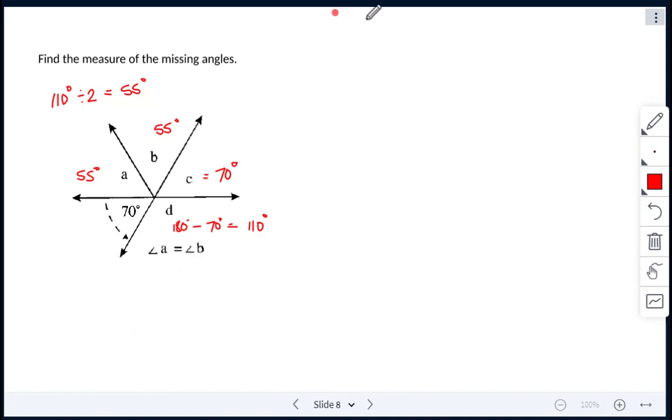So let's write all of that out: angle A is 55, angle B is 55 degrees, angle C is 70 degrees, and angle D was 110 degrees. If you add up all those together, it should equal 360 degrees.